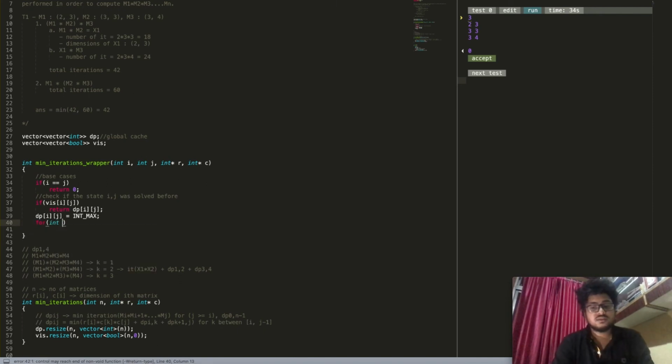So our recurrence relation was for k equals to I, k less than equals to j minus 1, k plus plus.